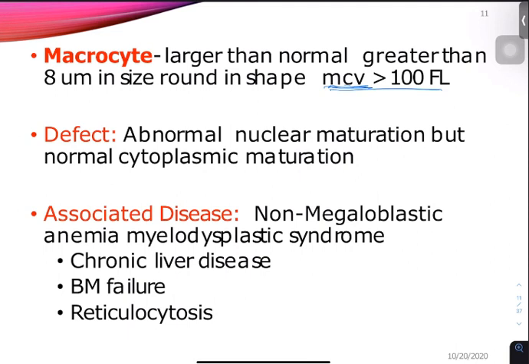The defect is abnormal nuclear maturation but normal cytoplasmic maturation. The nuclear maturation is masyadong malaki, kaya nga nagiging macrocyte siya. Associated conditions are non-megaloblastic anemia, myelodysplastic syndrome, chronic liver disease, bone marrow failure, and reticulocytosis.